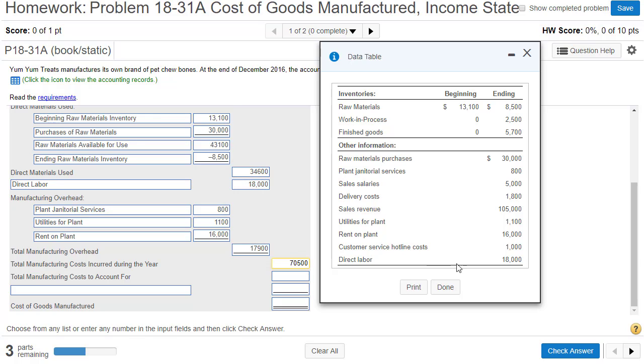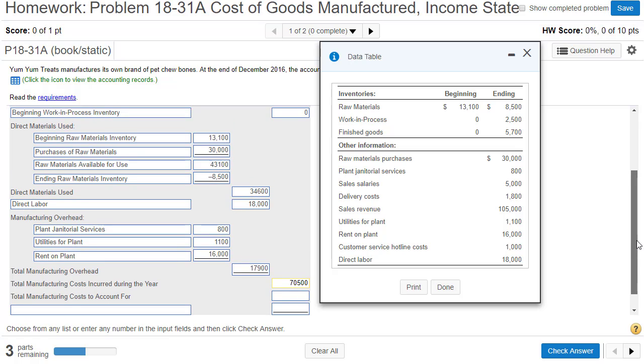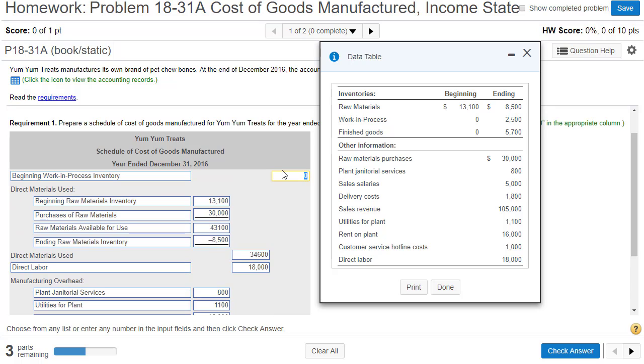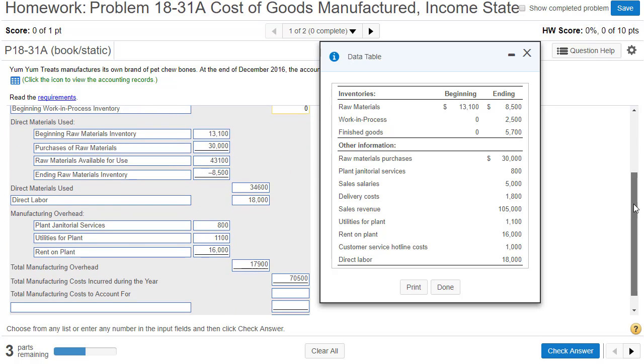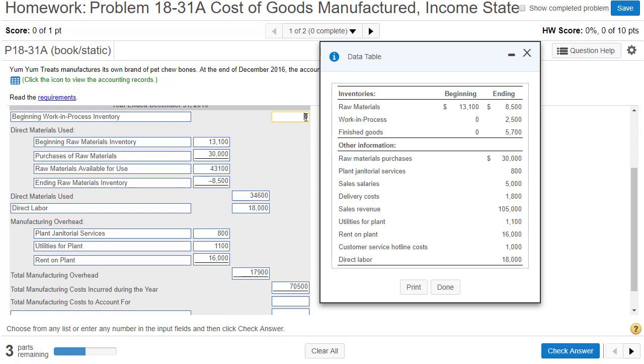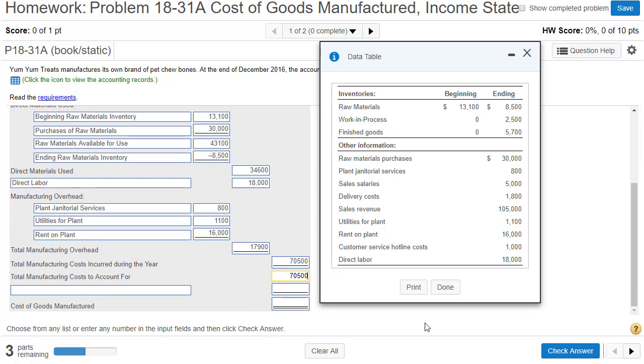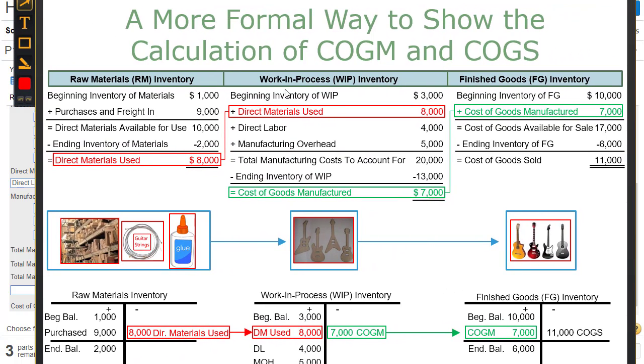All right. So now don't forget, up here, we could have had a previous balance. If there was a previous balance, we would take this previous balance and then add it to the costs incurred, and that gives us the total manufacturing cost to account for. Obviously, it's going to be $70,500. Okay, and then what do we do after we get our total manufacturing costs to account for?